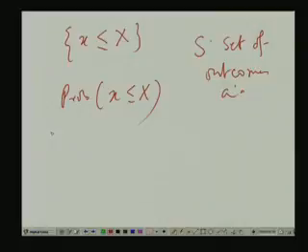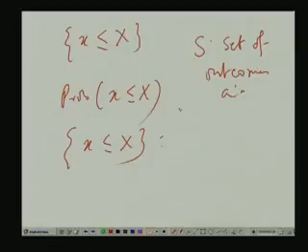So when we write x less than or equal to capital X, we actually mean an event, and when I say probability of small x less than or equal to capital X, it actually means the probability of that particular event associated with this.